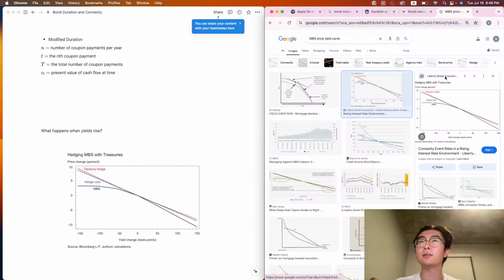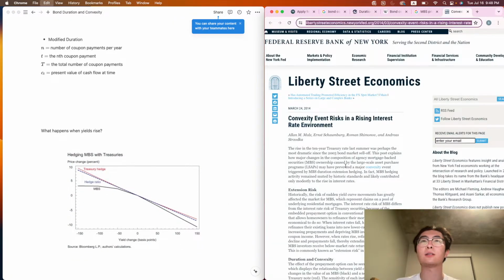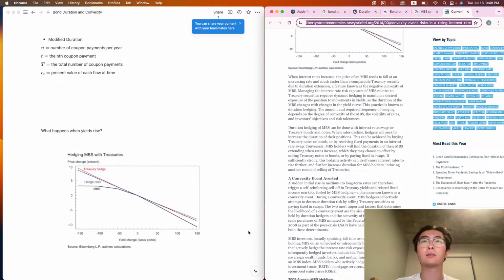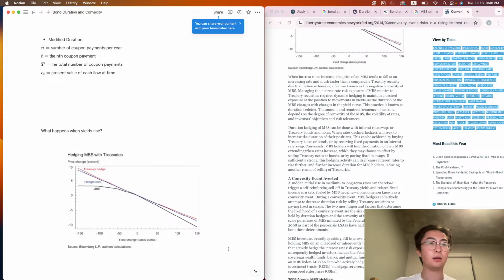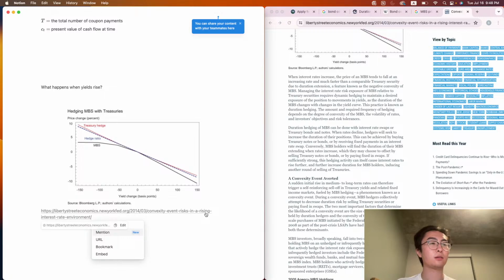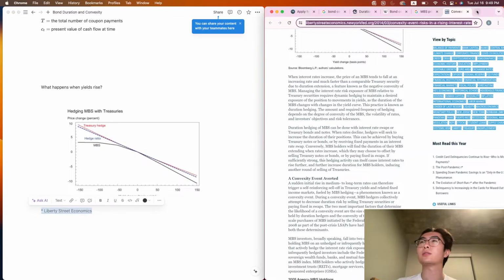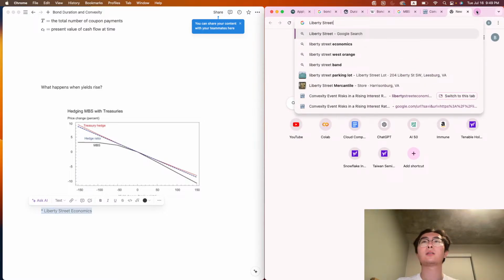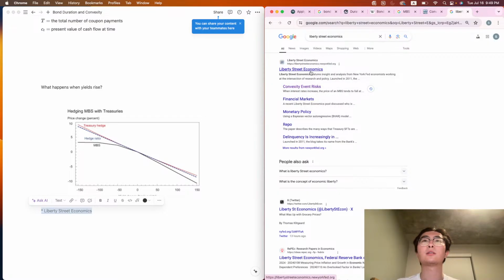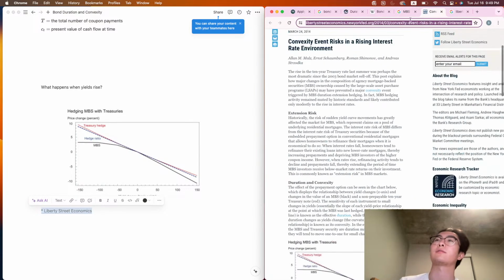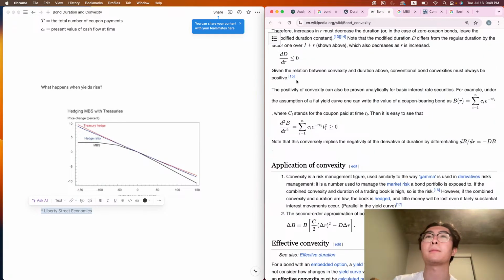Also, maybe it's worth taking a look here. Liberty Street Economics. So what's Liberty Street Economics? Okay, so I guess it's part of the New York Fed. Yeah, that's interesting.